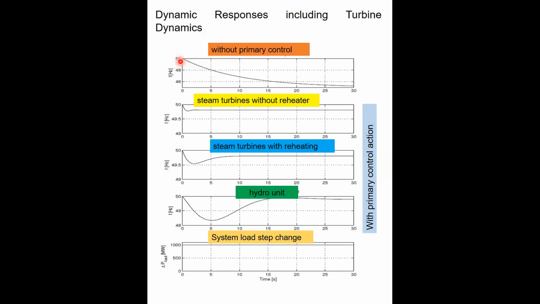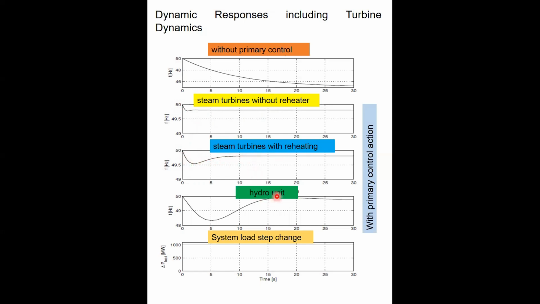From 50 hertz, the frequency deviates and drops, you can see to less than even 46 or something. But with the primary control action included, this is the curve without reheat, and this is the curve with reheat.